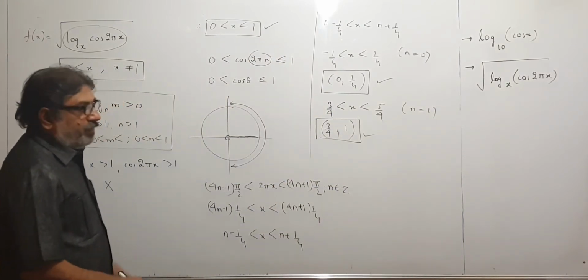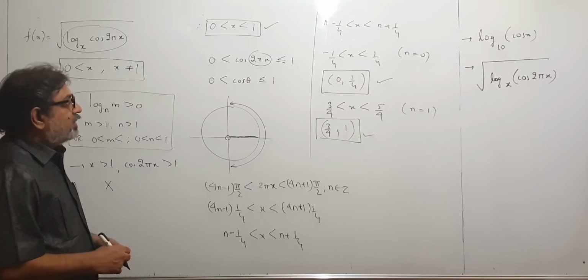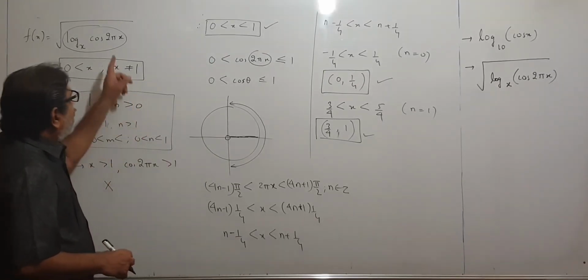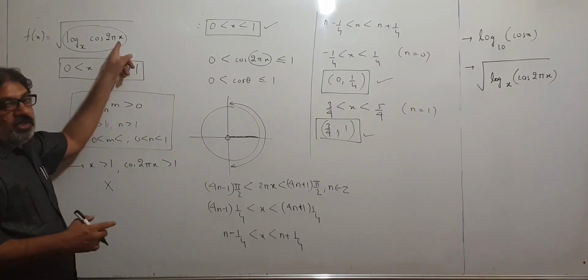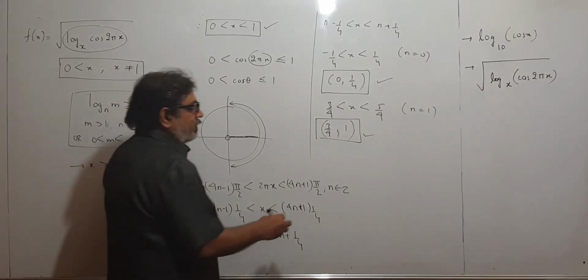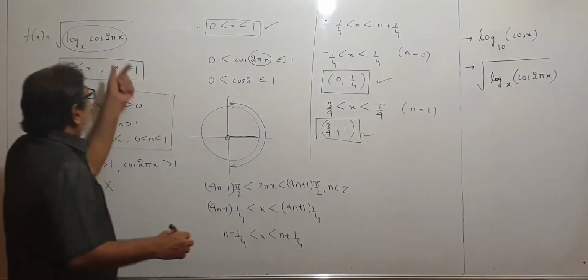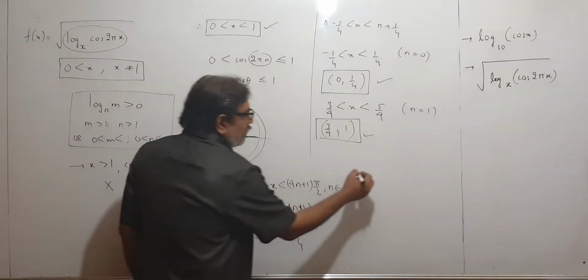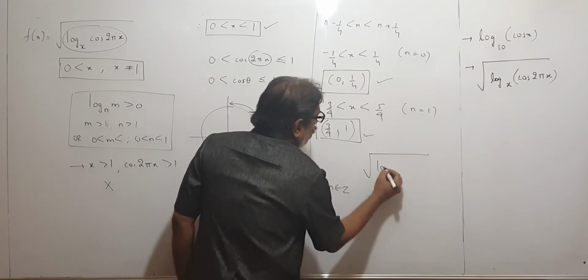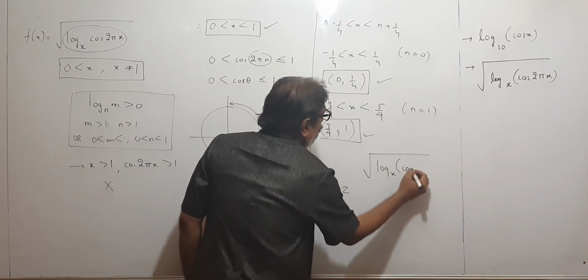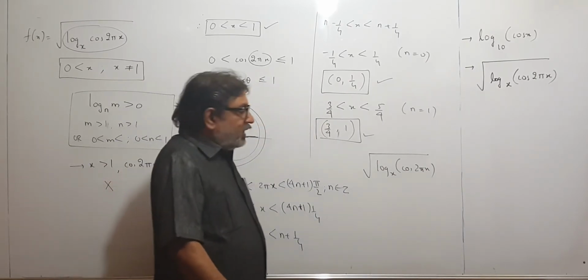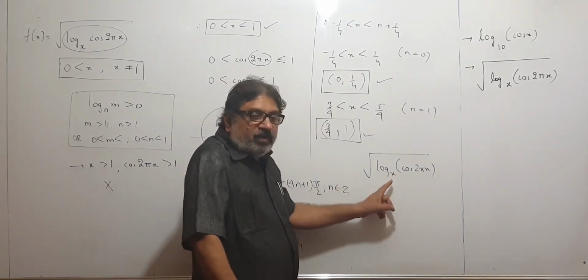And also think, children, that if I take x as 1, 2, 3, 4, just think of it. If I make this 1, log 1 will be 0, and now see, I have got this thing, log x cos 2 pi x. I cannot take x as 1 because then the base will be 1.